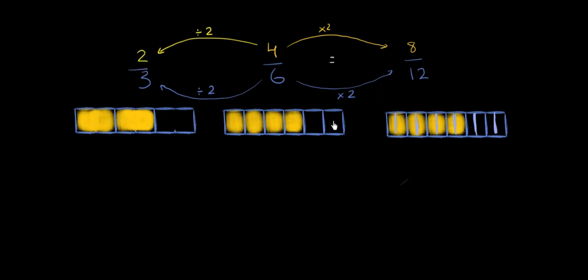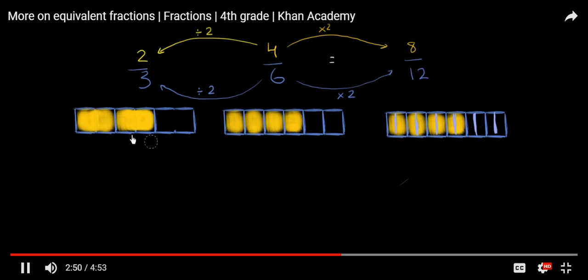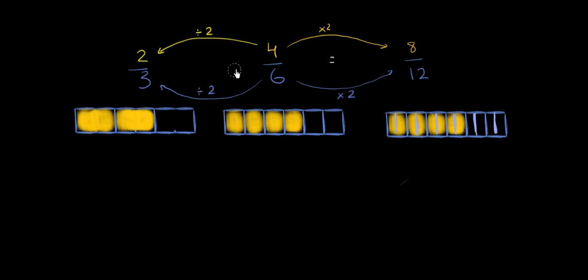So these are all equivalent fractions. So the big takeaway here is start with a fraction. If you multiply the numerator and the denominator by the same quantity, you're going to have an equivalent fraction. If you divide the numerator and the denominator by the same quantity, you are also going to have an equivalent fraction. So with that in our brains, let's tackle.